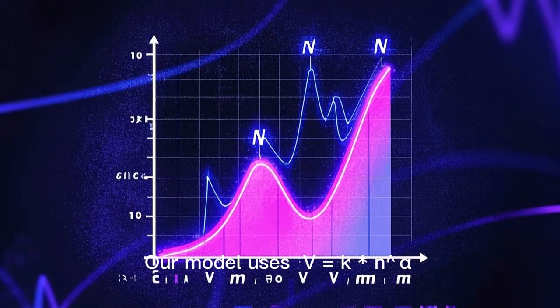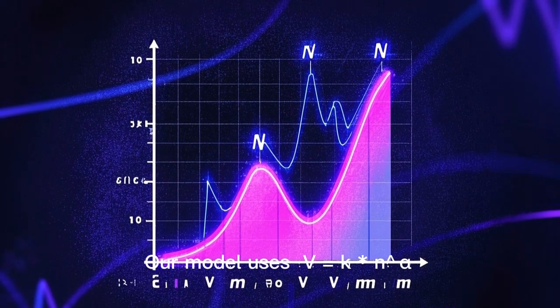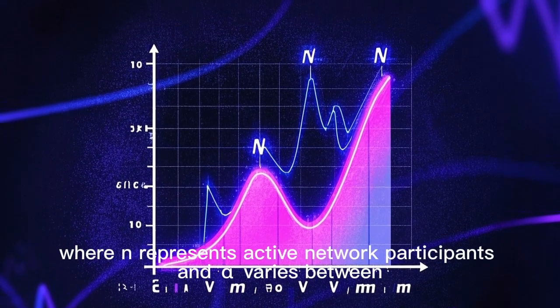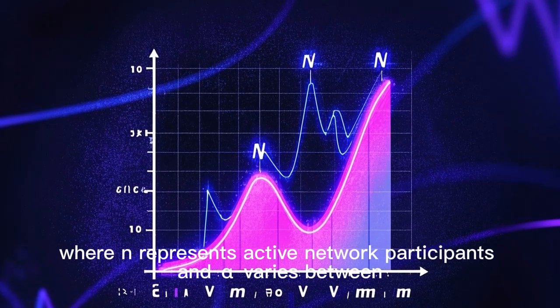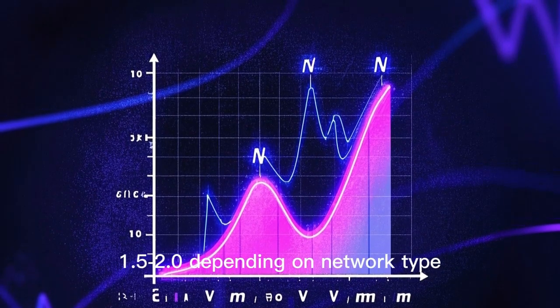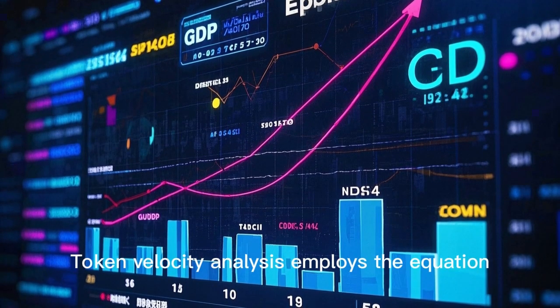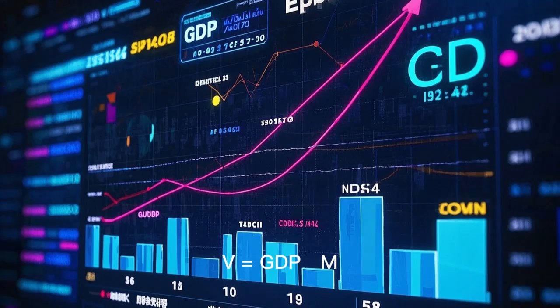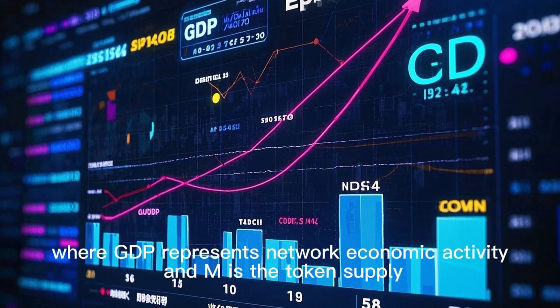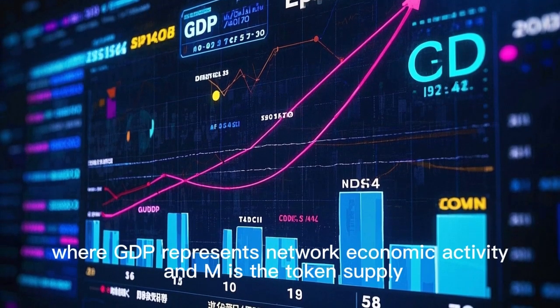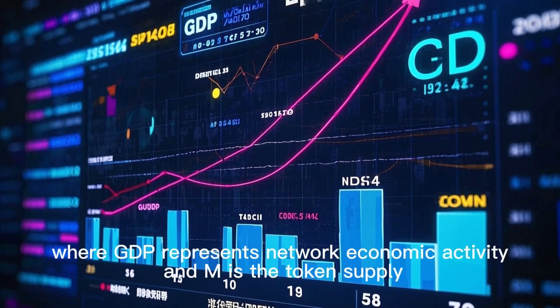Our model uses V = k × N^a, where N represents active network participants and a varies between 1.5 and 2.0 depending on network type. Token velocity analysis employs the equation V = GDP / M, where GDP represents network economic activity and M is the token supply.